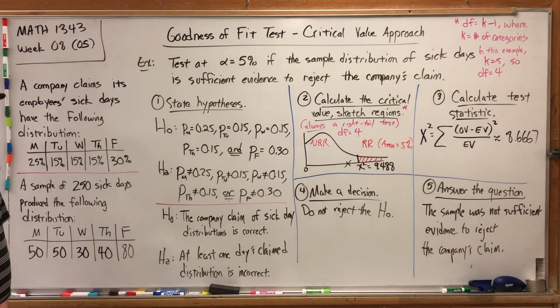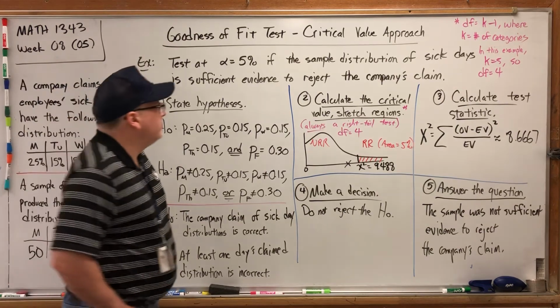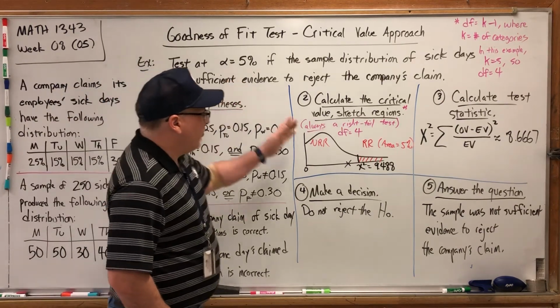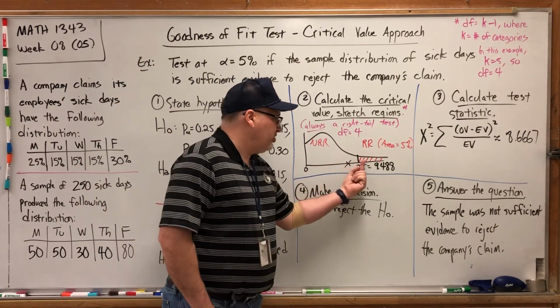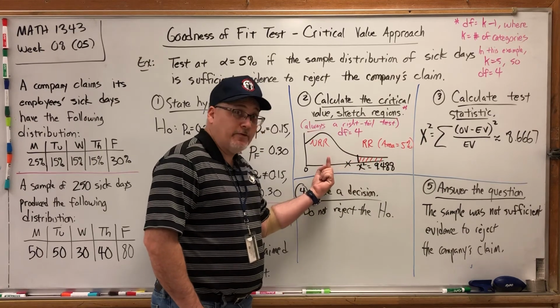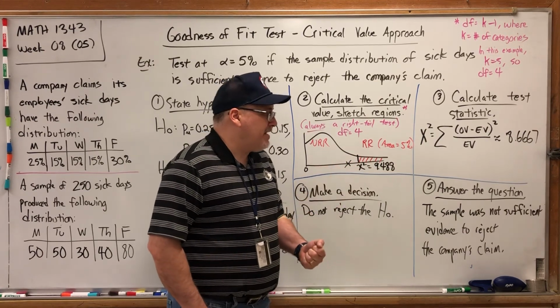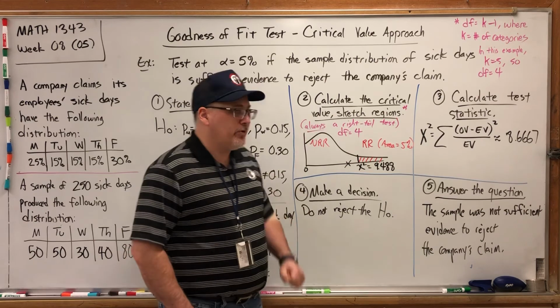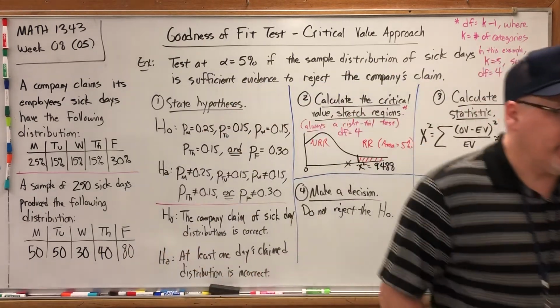Now, I almost considered doing a 10% significance level. And think about what that might have done. If this were 10%, we would need a bigger tail, which would push the critical value further to the left, and there might have been a possibility that then we would have rejected. I'm just curious.